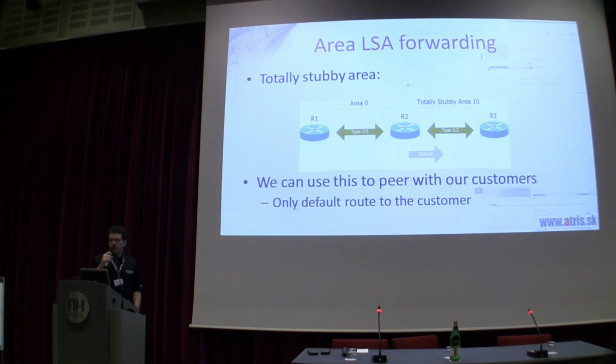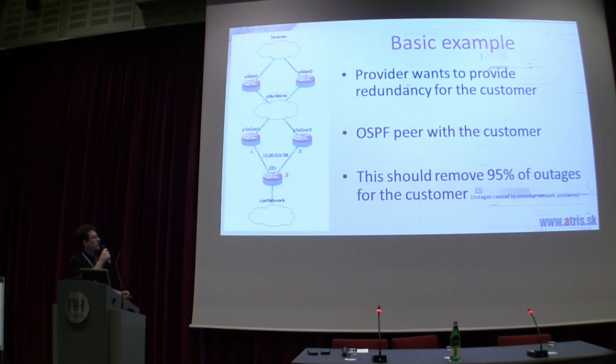The default route would be dynamically pushed from OSPF. We could change the IP addresses of this router, the router could die, etc. It doesn't matter since the default route is pushed dynamically through OSPF. So we can use this area type to peer with our customers because it only gives them the default route and nothing else. They cannot push anything back to us. It's exactly what we need.